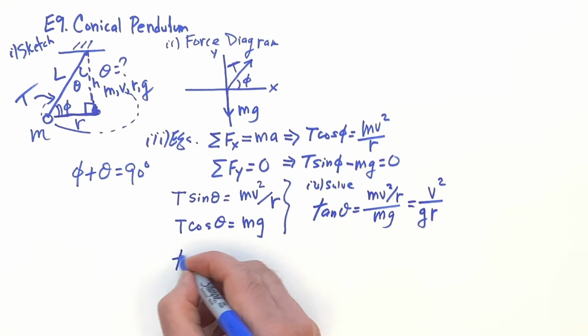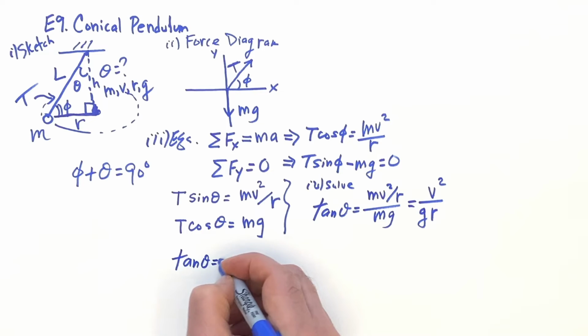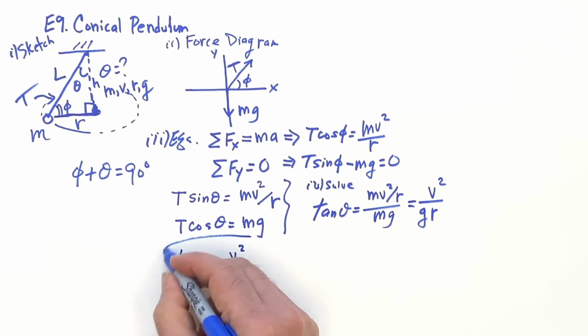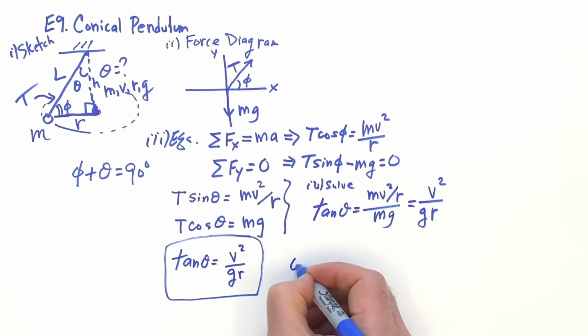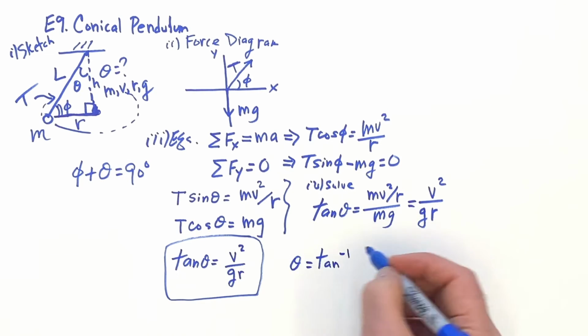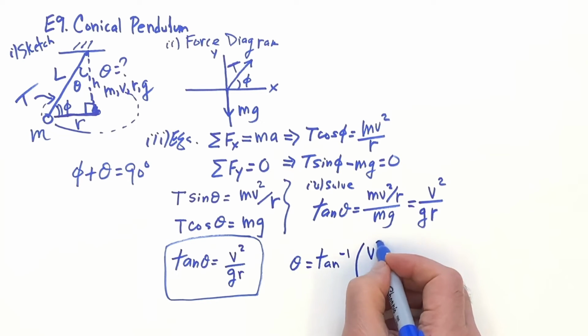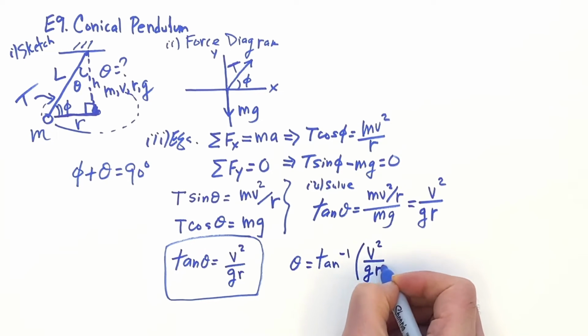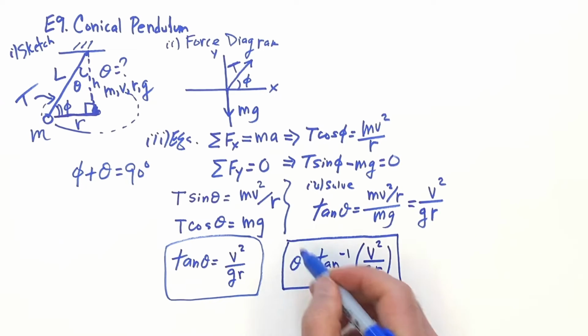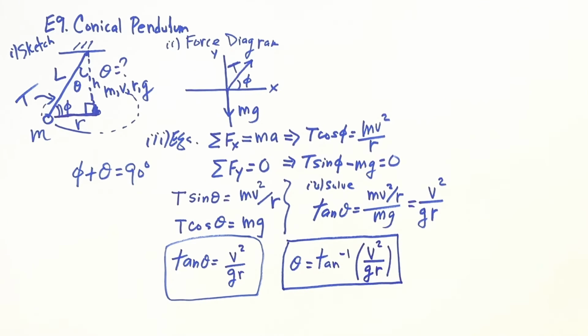So we could say the tangent of theta is v squared over gr. You might want to technically have the angle by itself, take the inverse tangent, since technically this would be the way to show the angle by itself on one side of the equation. All right.